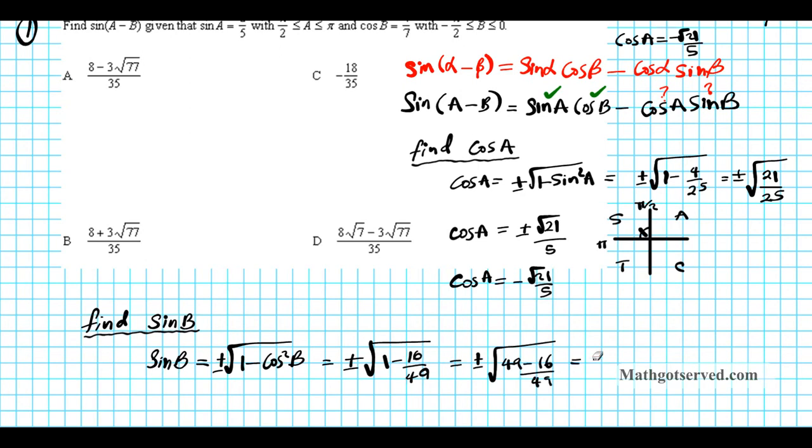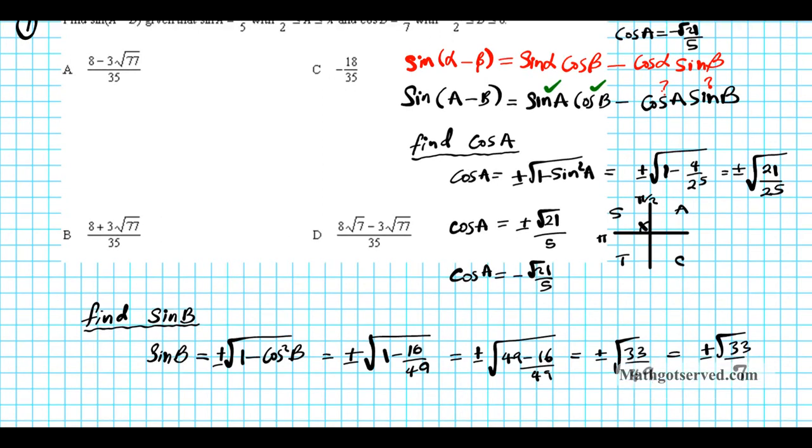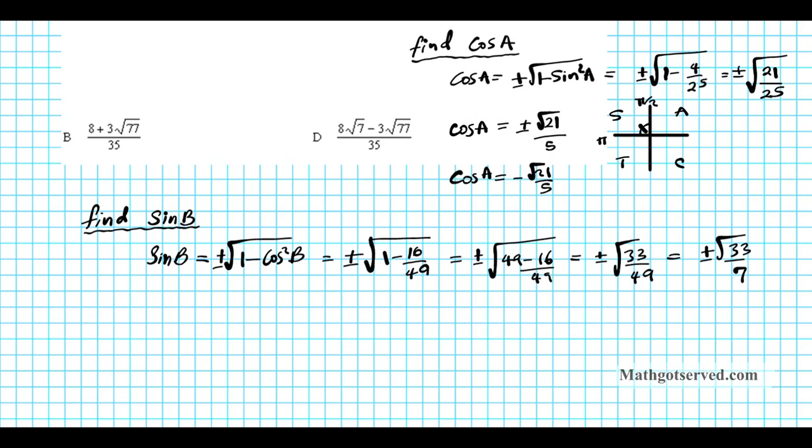So that becomes plus or minus root 33 over 49. And then when we break it apart, it's plus or minus root 33 over 7. So the question now is, is it positive or negative? Sine B, that is. So to answer that question, we just have to determine what quadrant this angle lies in, and then figure out what the sign is.